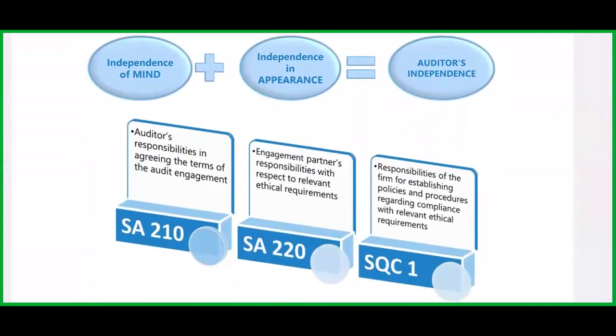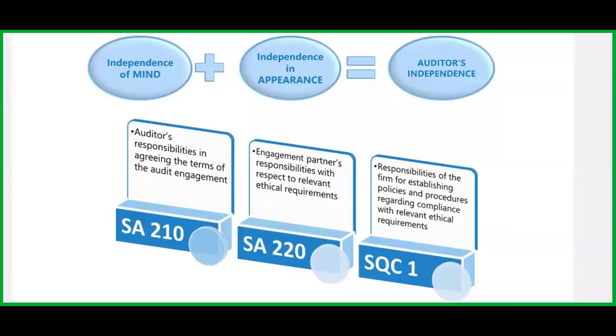So there are three SAs which we're going to look at here. SA 210, that is auditor's responsibility in agreeing the terms of engagement. Second is engagement partner's responsibilities with respect to relevant ethical requirements.